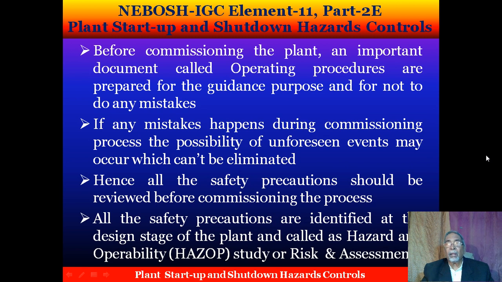Hence, all the safety precautions should be reviewed before commissioning the process. All the safety precautions are identified at the design stage of the plant and are called the hazard and operability, HAZOP, study, or risk assessment.